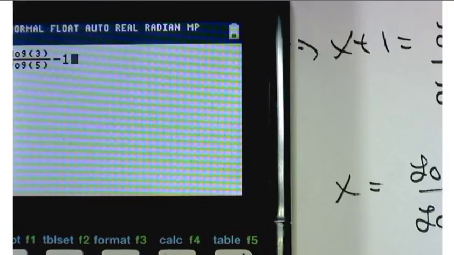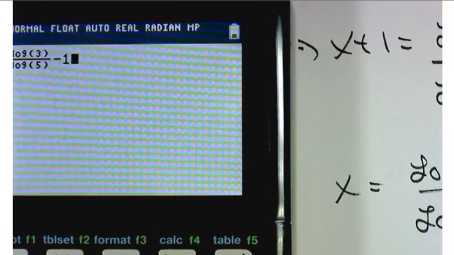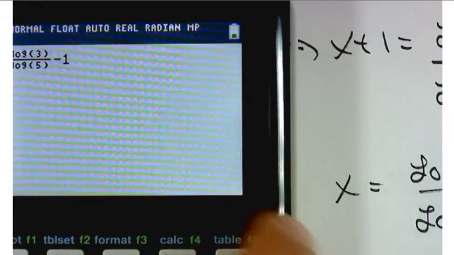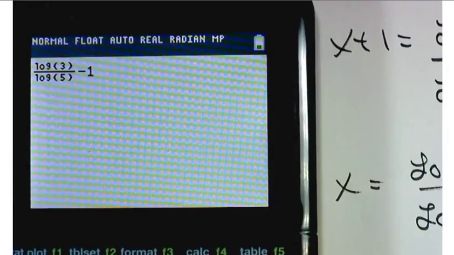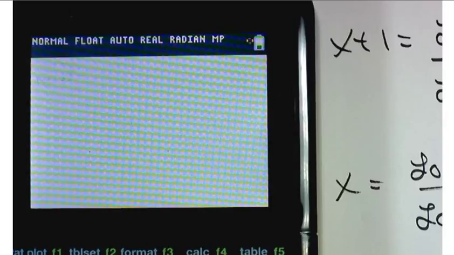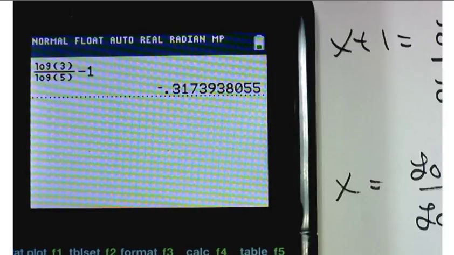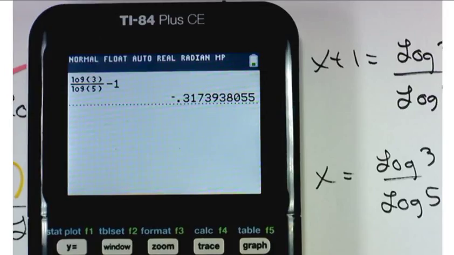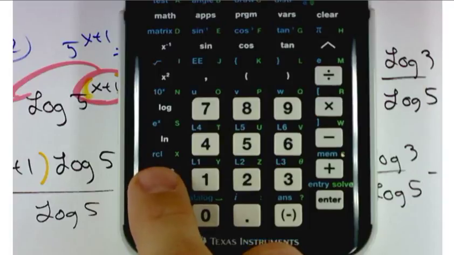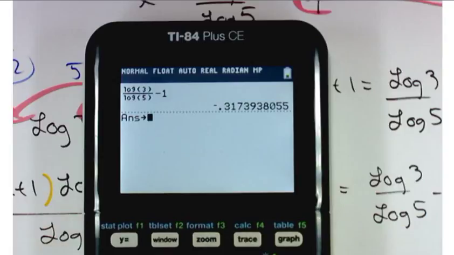Before I hit the enter key, what did you guys get? Minus 0.3 something? All right. Good deal. Again, you can check this. Probably the easiest way to check this is to hit the store button here and store that number in X, which is right up here.